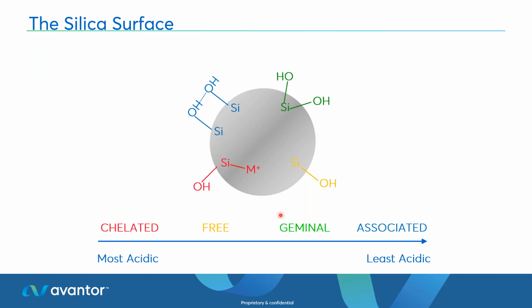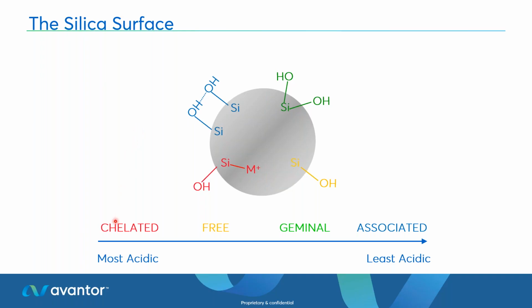But also the different types give the silica a different pKa value. And what I mean by that is they can be potentially more acidic or less acidic depending on the type of silanols that reside on the silica surface.